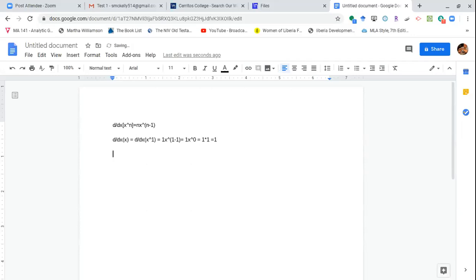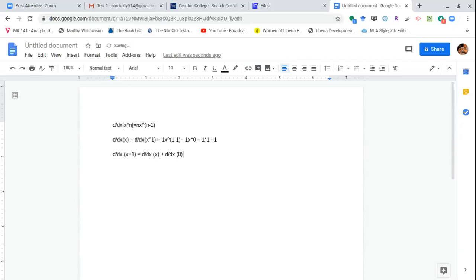Now you're doing the derivative with respect to x of x plus 1, right? This is like doing the derivative with respect to x of x plus the derivative with respect to x of 1.